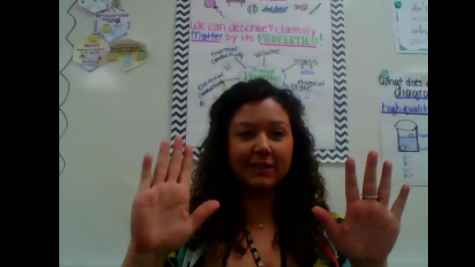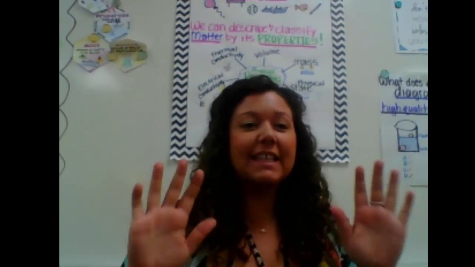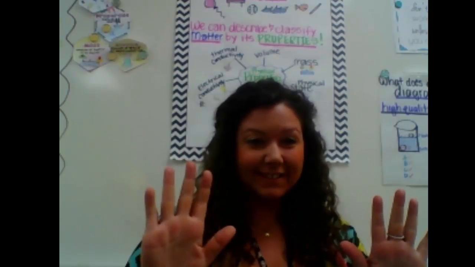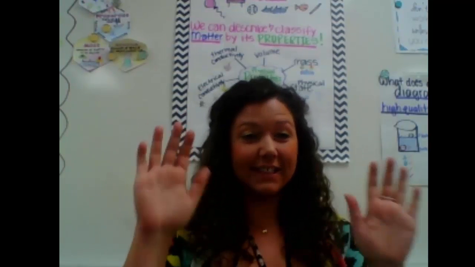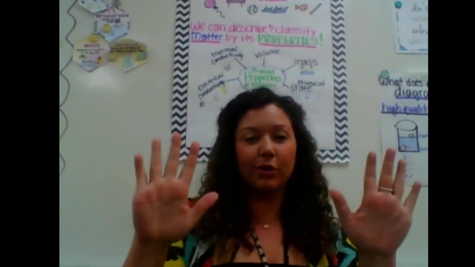Okay, so we have conductors and insulators. Mirror words. A conductor lets heat and electricity go through. Mirror words. An insulator causes heat or electricity to slow down or stop.